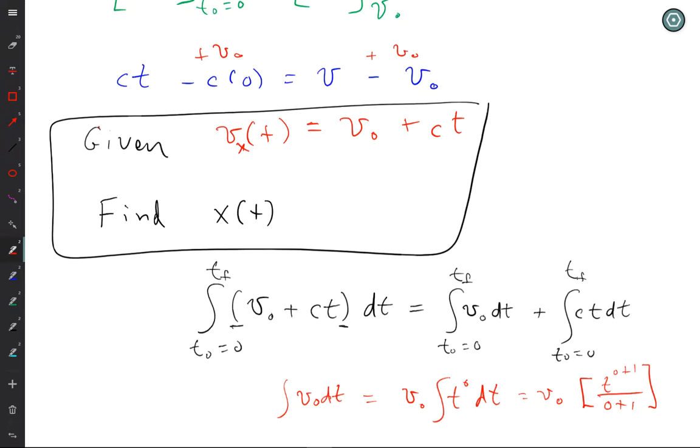Because you're finding it below. You find this integral and this integral. Then we apply limits, and we have our final equation. Okay. She has her final answer. I'm done?